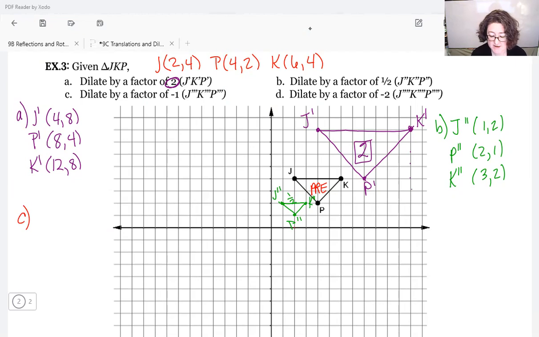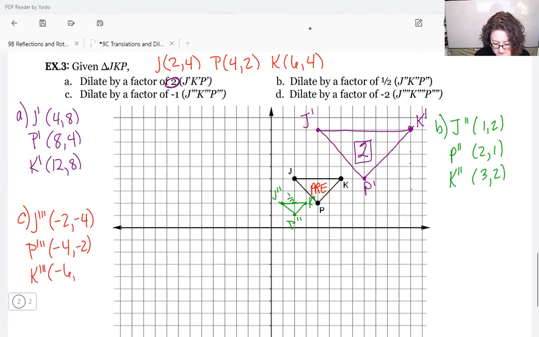Yep, they just change signs. So J triple prime is going to be -2, -4. P triple prime is -4, -2. And K triple prime is -6, -4. Okay, plot them out. -2, -4, J triple prime.